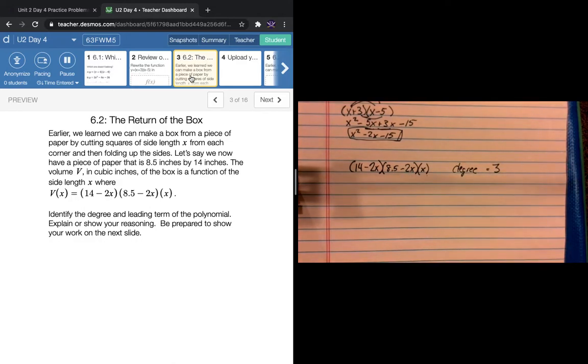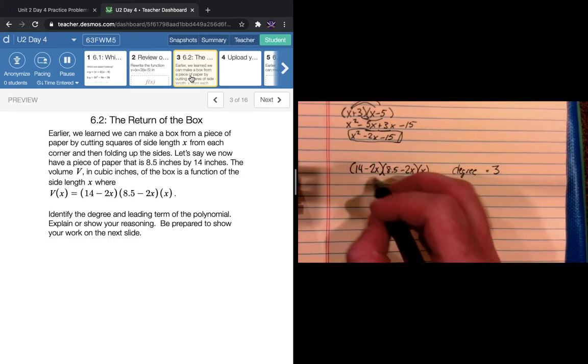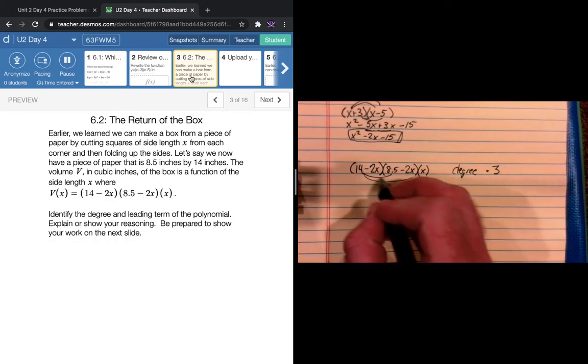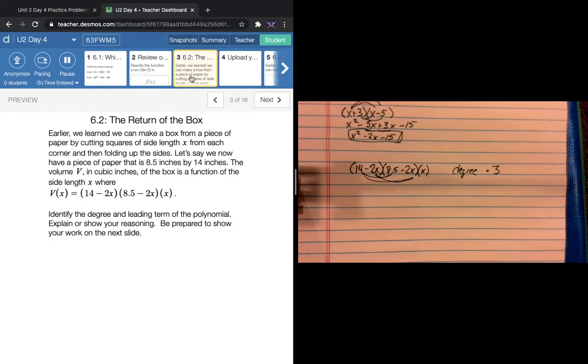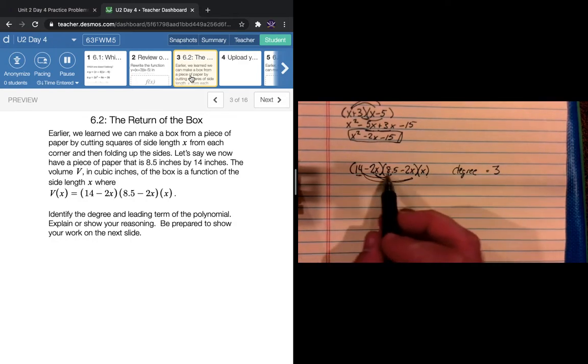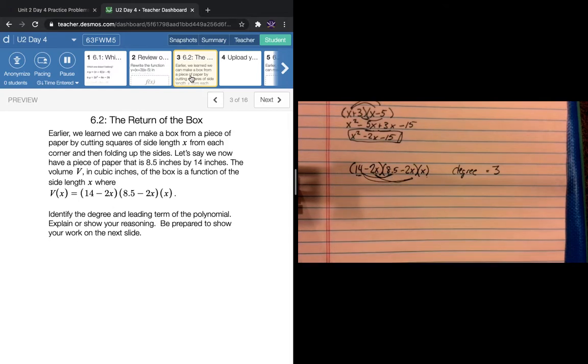Now, what would the leading term be? We know that if I FOILed this, yes, it's going to be backwards, and I don't know off the top of my head what 14 times 8.5 is.